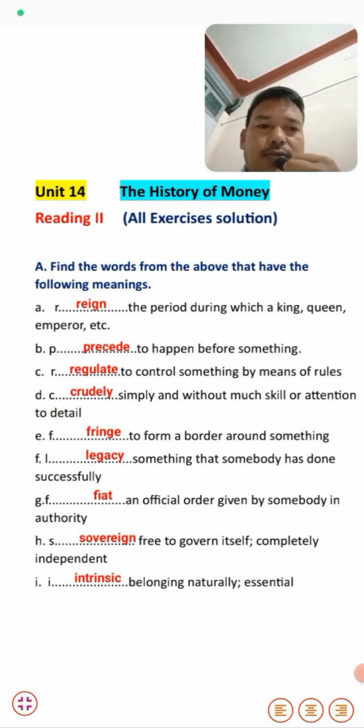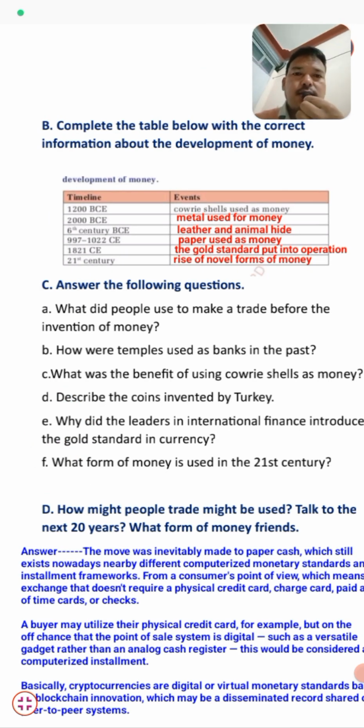Now I take you to the next one. Next exercise is: complete the table below with the correct information about the development of money. Students, you have to complete this table and write the events and information about the development of money in the correct order from the text.